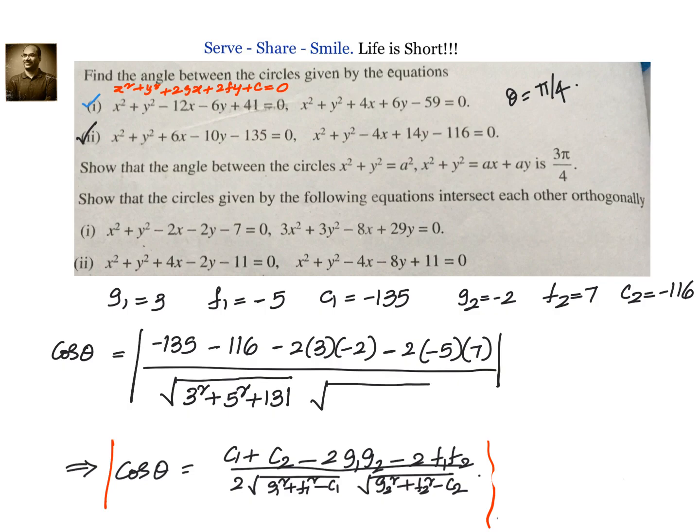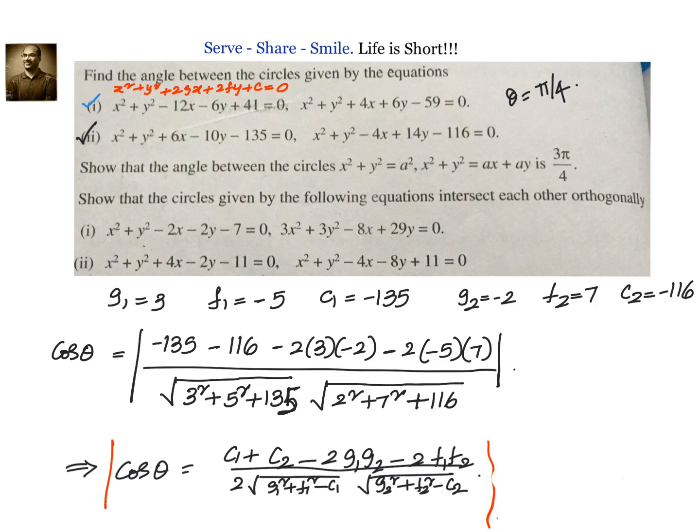Multiply that with 135, right? That's a mistake. 135 and G2 square plus F2 square minus C2, that will be 116.